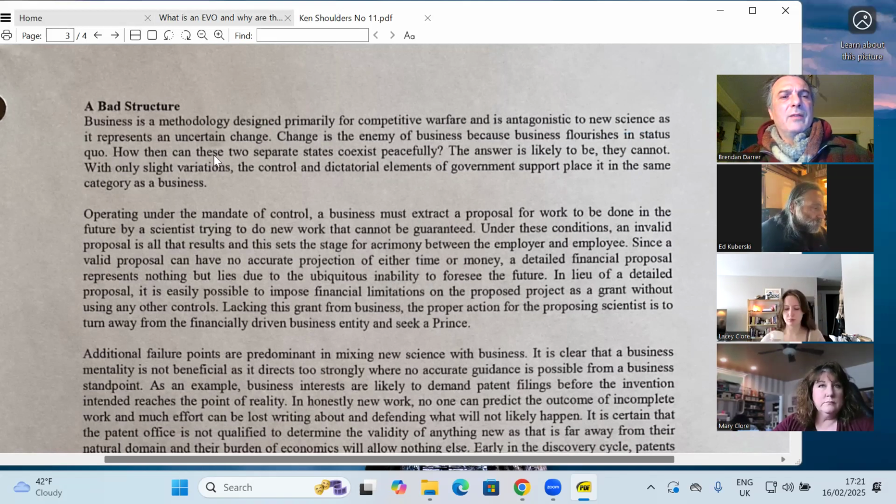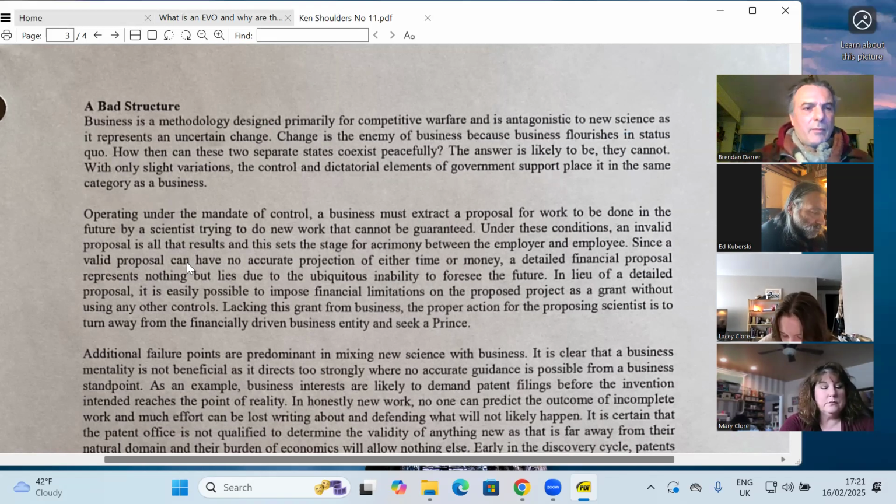How then can these two separate states coexist peacefully? The answer is likely to be they cannot. With only slight variations, the control and dictatorial elements of government support place it in the same category as a business.